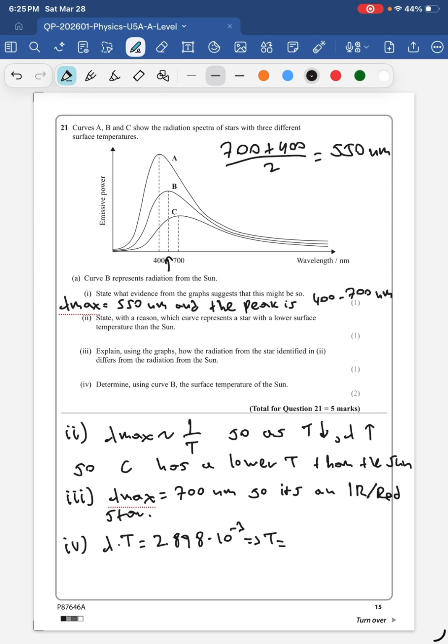So T is 2.898 times 10 to the negative 3 over the lambda, which we found earlier as 550 times 10 to the negative 9. So if we do this calculation, we find 5269.1 Kelvin for the temperature of the sun, which is our answer.